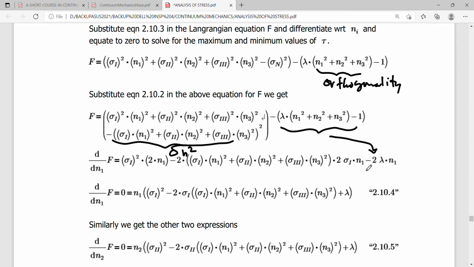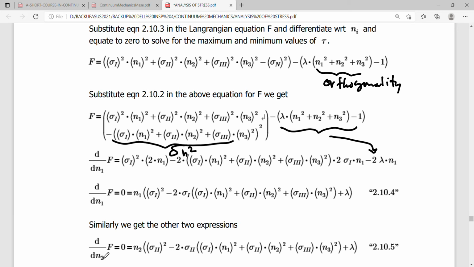Again, as I've told you, the factor of 2 there simply is insignificant, since in this next step we simply equated it to 0 to optimize the value of the stresses, so as to compute the directions later, the principal directions on the basis of a pure normal state of stress and a pure shear state of stress.